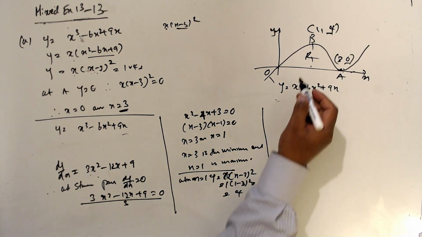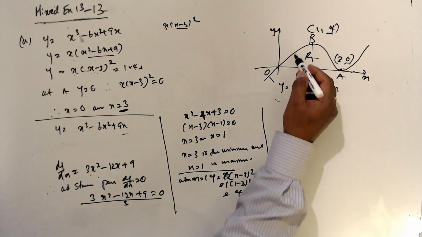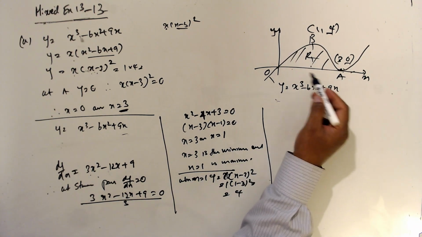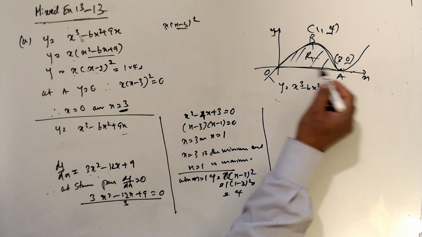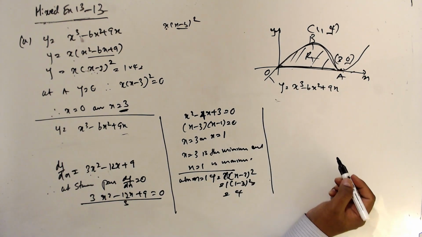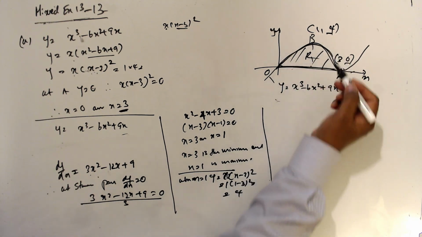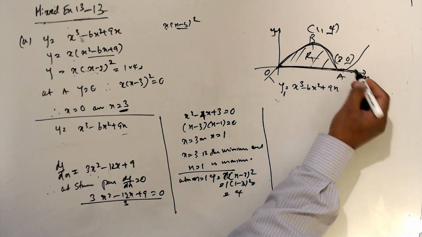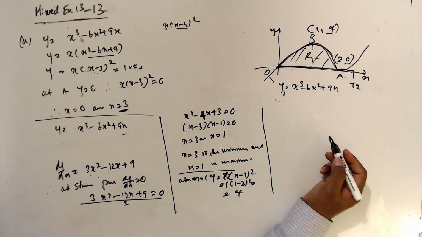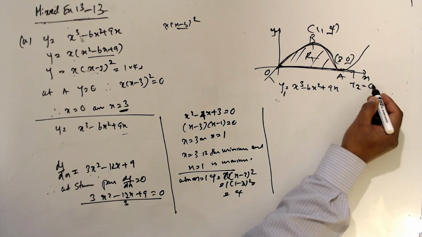Now we need to find this region R. We can simply integrate this curve minus this curve. So this curve is y1 and this line is y2. But y2 means what? y2 equals 0.